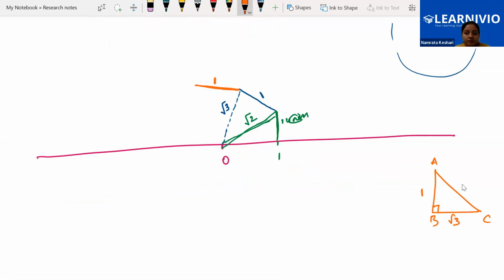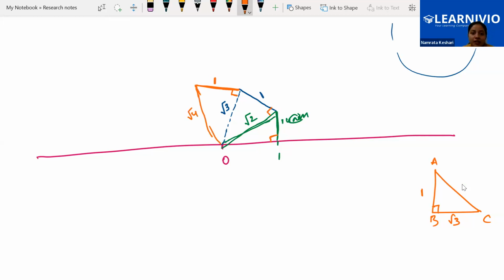Ma'am, 4. Only 4 or root 4? Ma'am, root 4. Root 4, right? Because we have drawn 90 degrees, when we join it with O, we will get root 4.